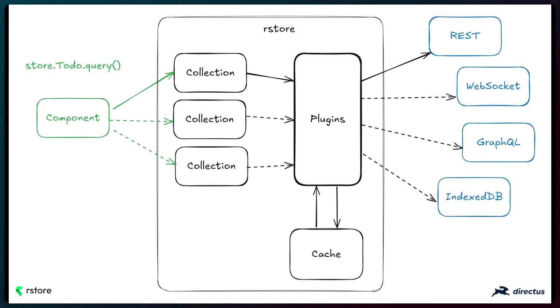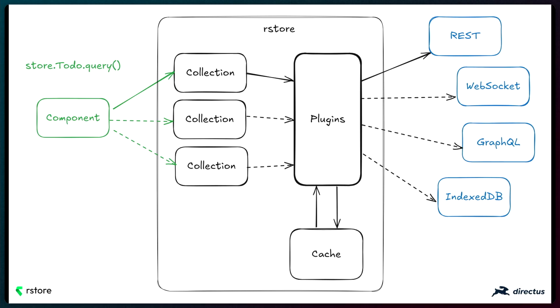So how does it work exactly? In your component, you're going to interact mostly with the collections API. So for example, you are querying a to-do, and this query is being transferred to plugins. That's where most of the actual fetching logic will happen. rstore itself doesn't really care about the way you fetch your data in the plugins.